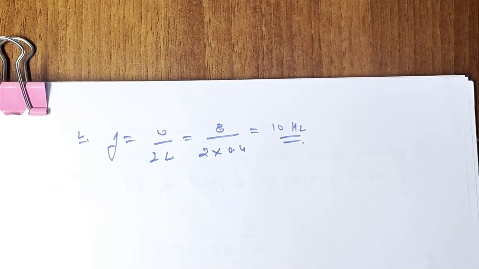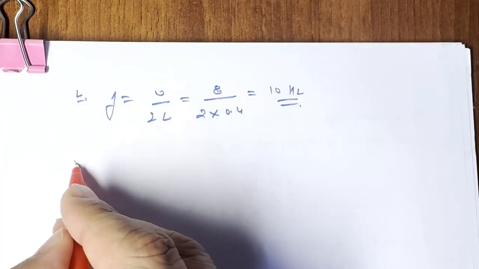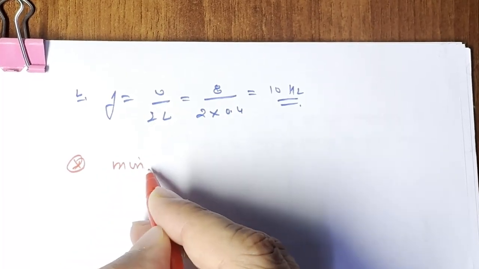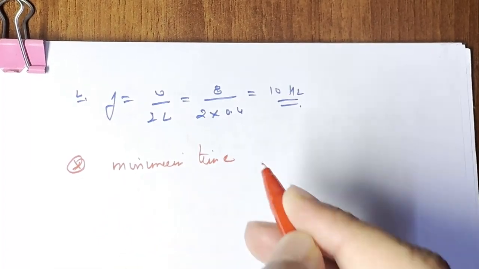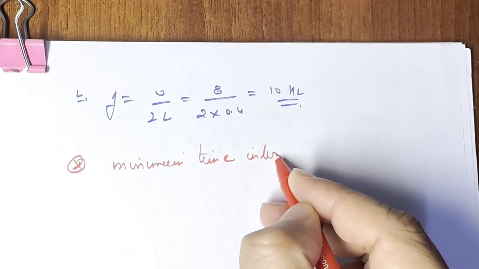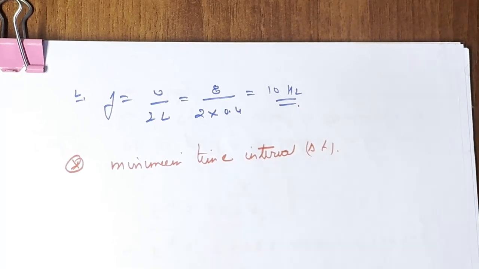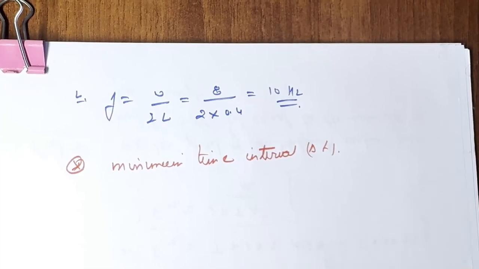And now we are going to find our delta t, which in the question is given as the minimum time interval, and we have to find it for constructive interference.